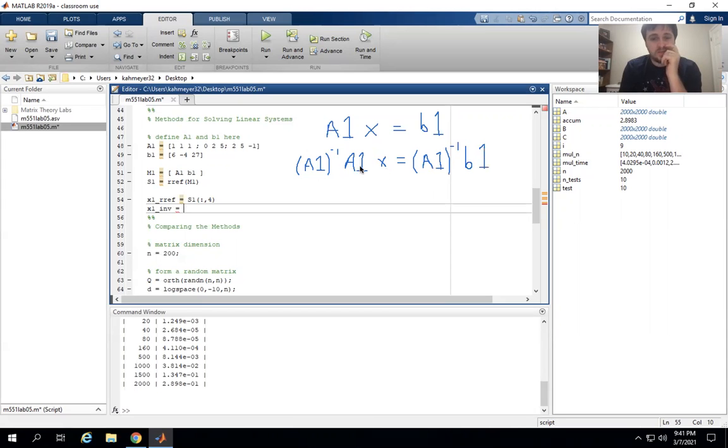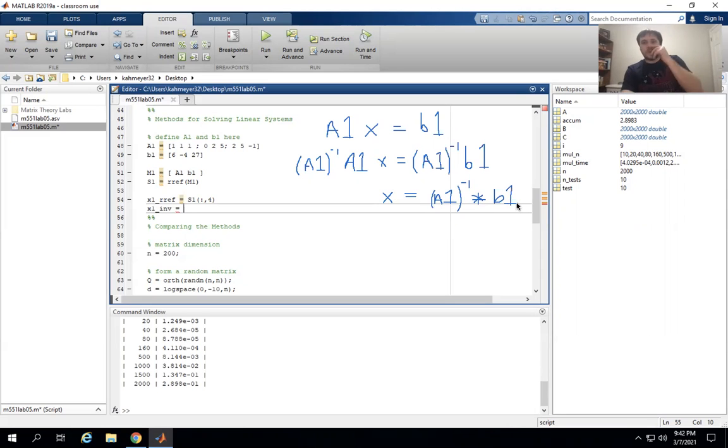B1 here. And so we know A1 inverse times A1 is the identity. So what we get is X is equal to A1 inverse times B1, right?